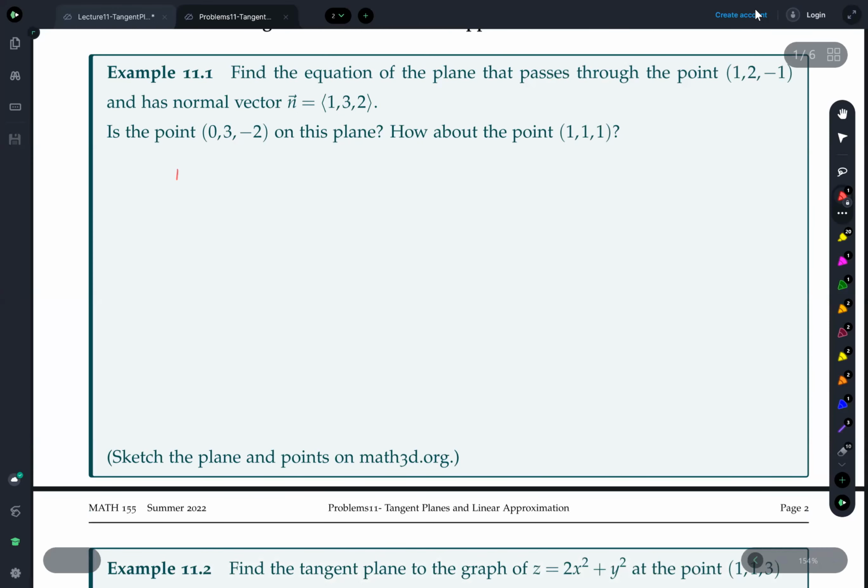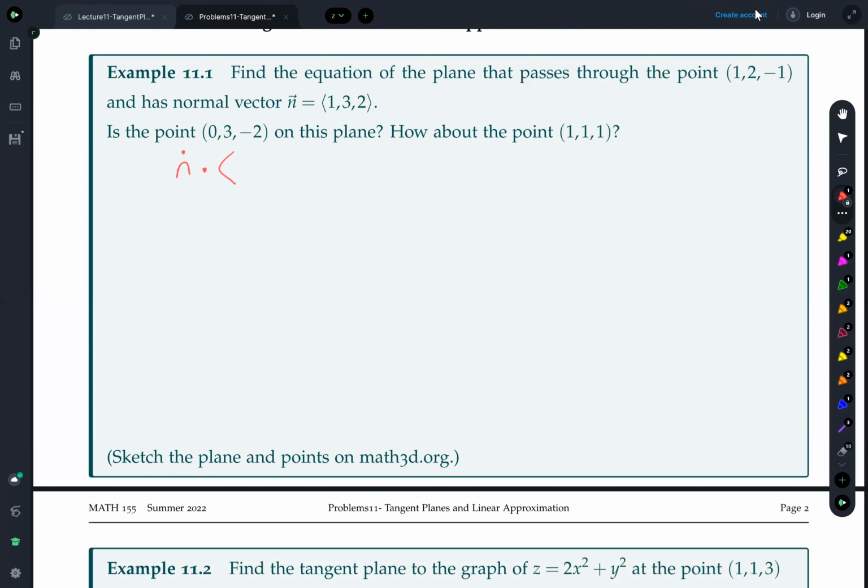Because we know that our normal vector is perpendicular to any vector in the plane, that means that we can take the dot product of these things. So we take the dot product of our normal vector, n, with any vector in the plane.